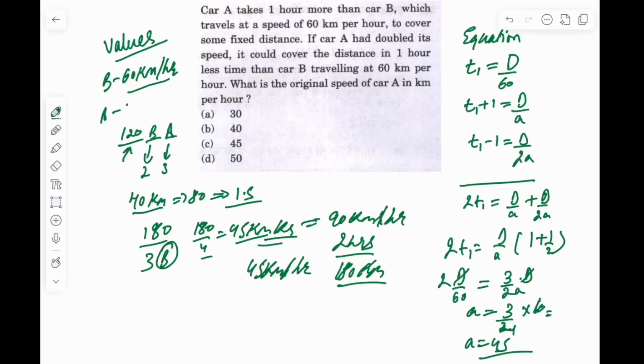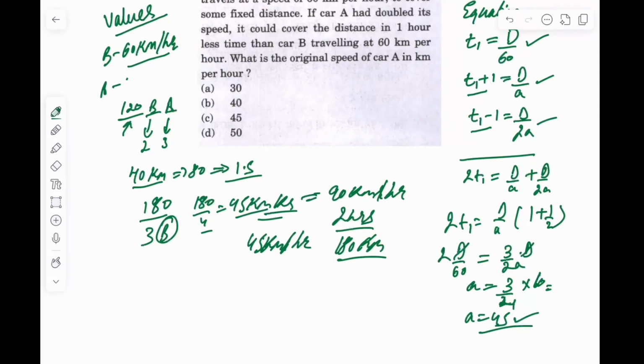So this is how I get it with the equation as well. This is how I solve with the equation. So basically what I did, I started with T1 is equal to D upon 60, T1 plus 1 is equal to D upon A, T1 minus 1 is equal to D upon 2A. I added the two equations, and we got 2T1 is equal to D times this, which adds up to be 3 by 2, D upon A, and T1 is D by 60.